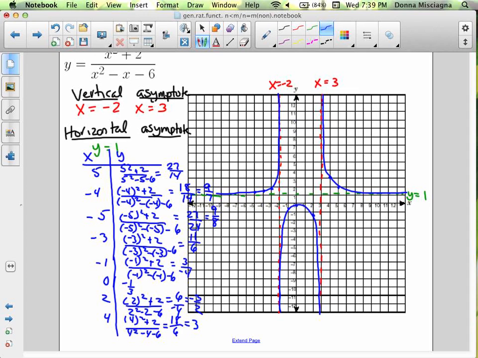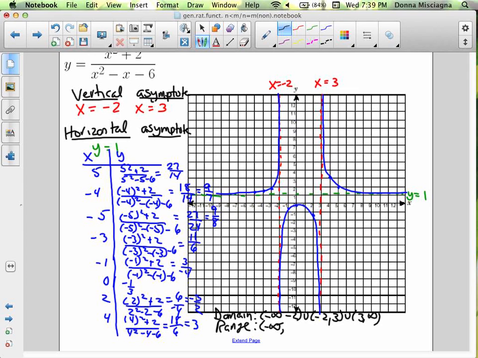Pretty symmetric, almost symmetric. The domain is going to be everything but the vertical asymptotes. So negative infinity to negative 2, negative 2 to 3, and 3 to infinity. And then the range, let's look at our graph. So it goes negative infinity to, it's got a high point there of negative 1/3.